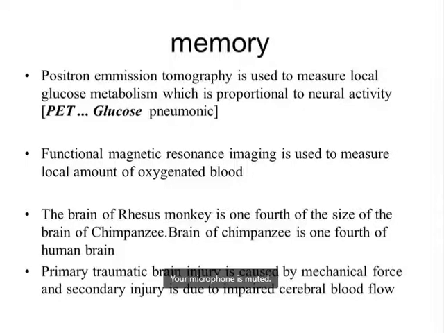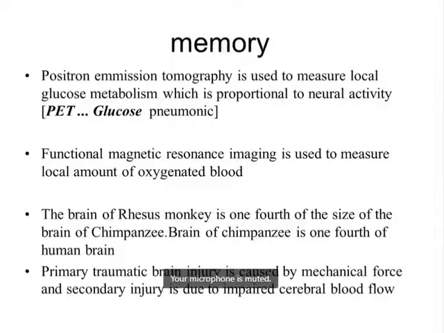Now, how can we know that the person's brain is active and storing the information? By two studies. One is PET scan, another is fMRI. PET means positron emission tomography. It is used to measure the local glucose metabolism, which is proportional to neural activity.